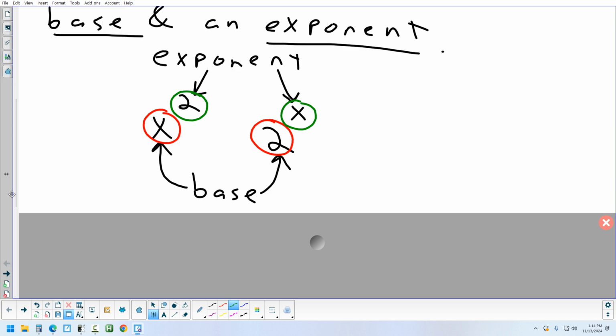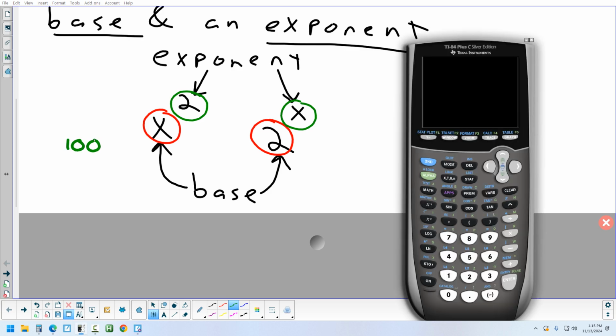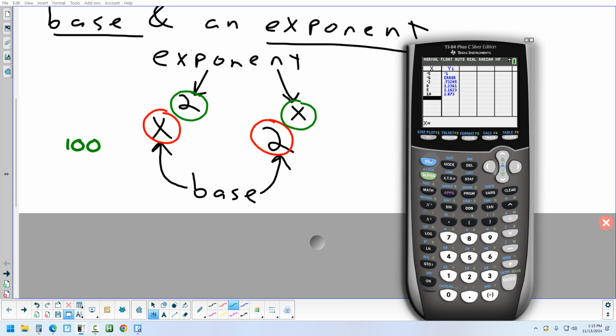For example, you could pick a number, like let x be 10. In this one, if x is 10, what's 10 to the second power? 100. Now, let x be 10 over here, and see what you get. 2 to the 10th power, 1024.